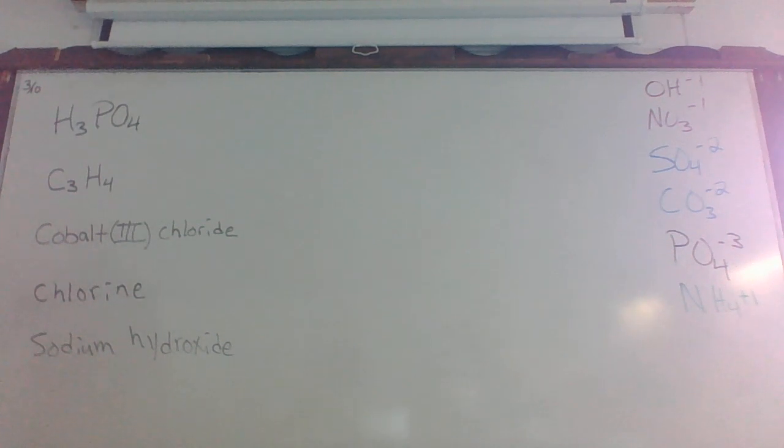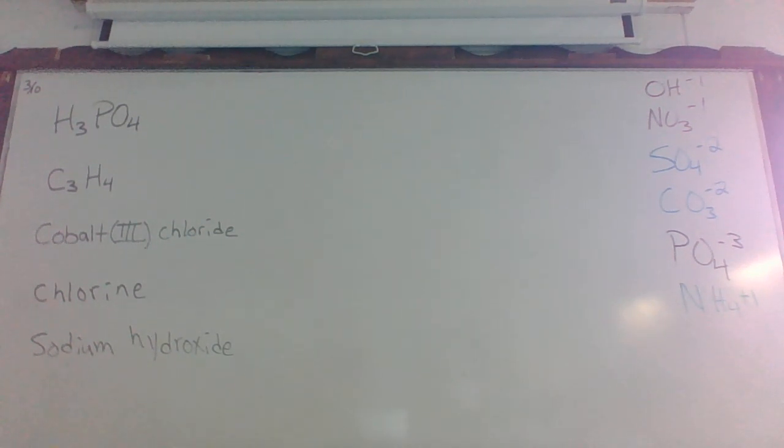But when you look at that, how do you know how many electrons cobalt has to give away? It's a transition metal. Okay? But what type of charge is this cobalt forming? +3. So that must mean it has how many electrons to give away? 3.